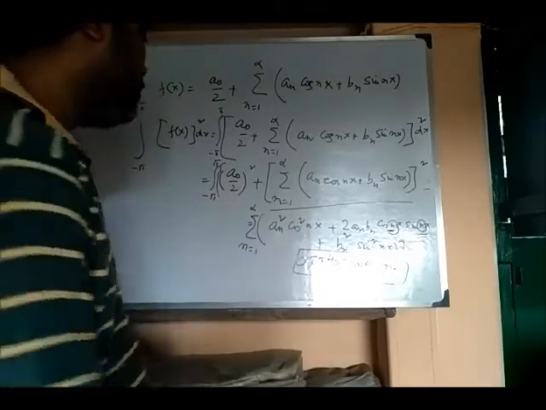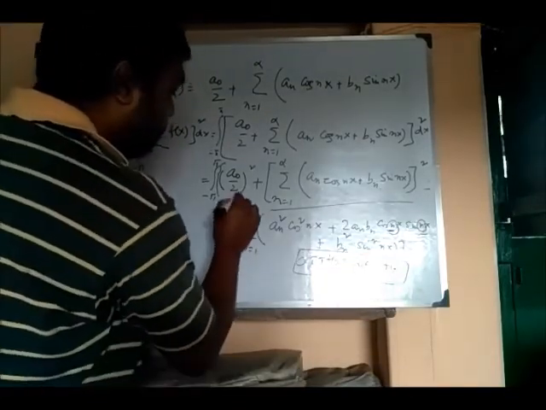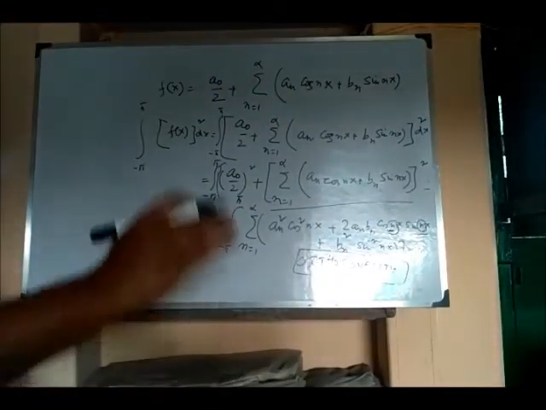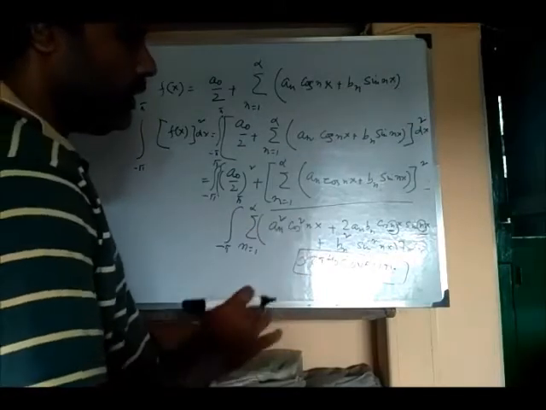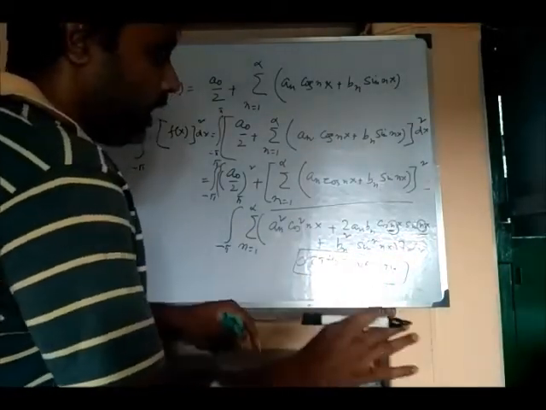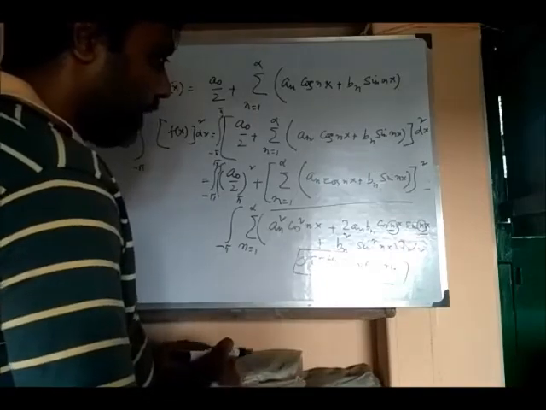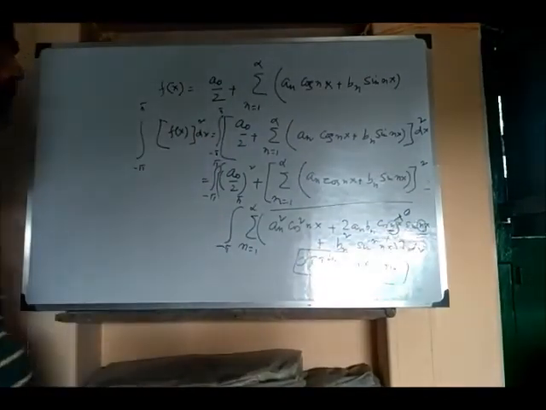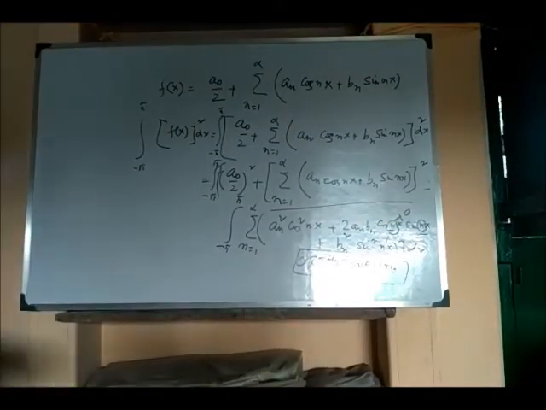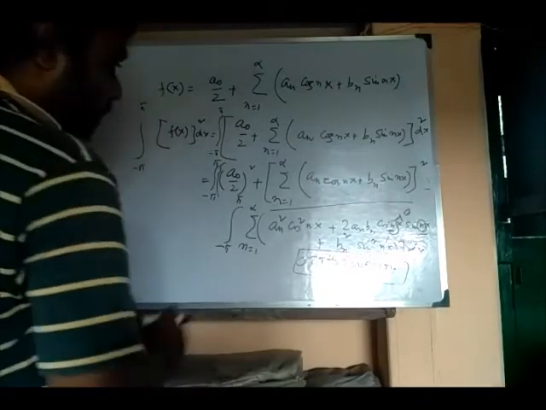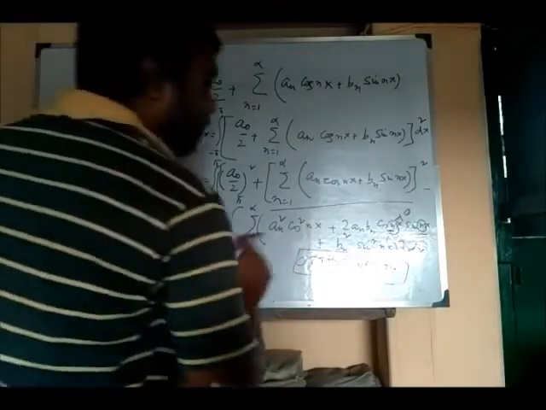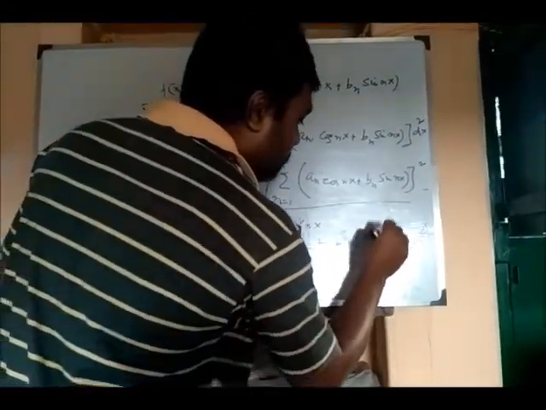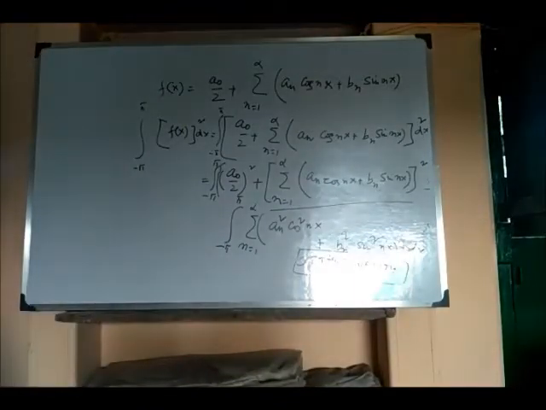So those terms you integrate from minus pi to plus pi, and the cross terms having different cosine indices or different frequency give me 0. And obviously this term, if you integrate, will give me 0. So when you integrate these things, just these two terms remain in your hand: an square cos square nx and bn square sine square nx into dx.